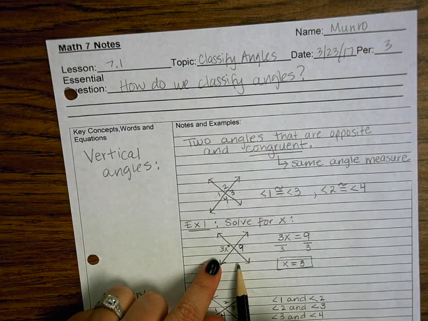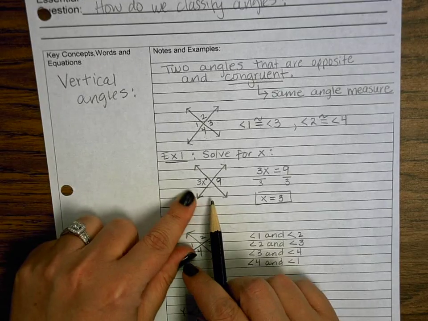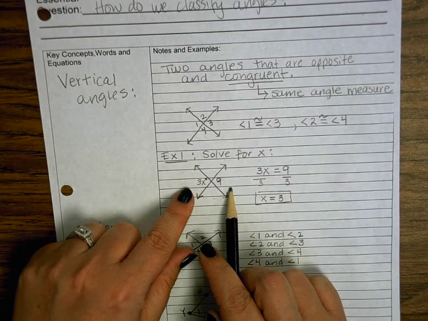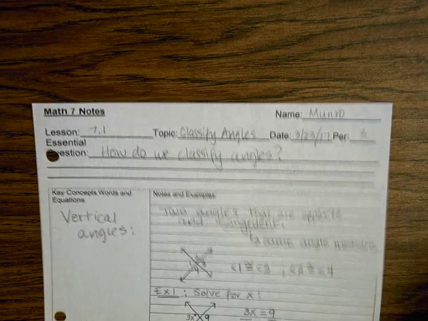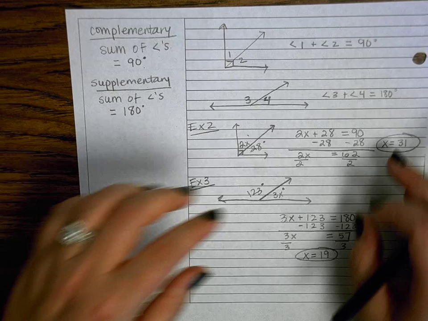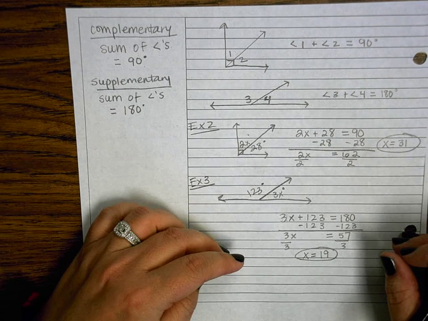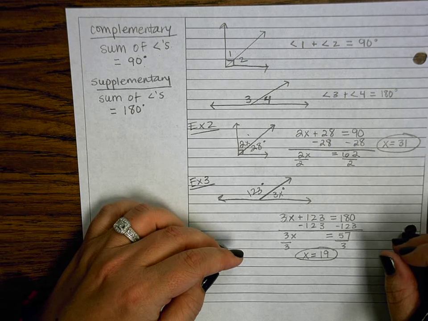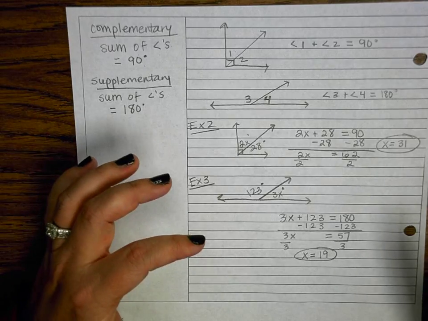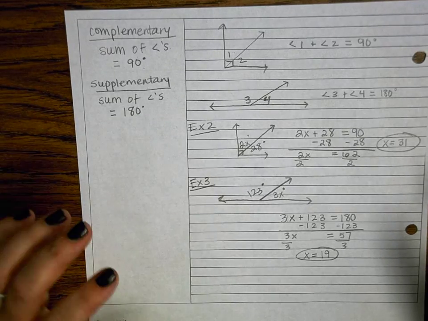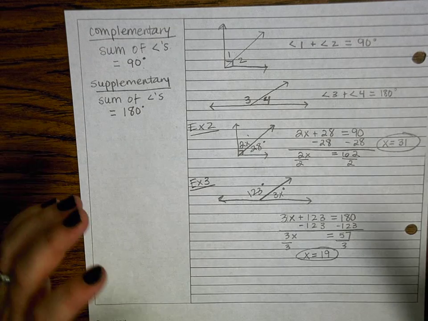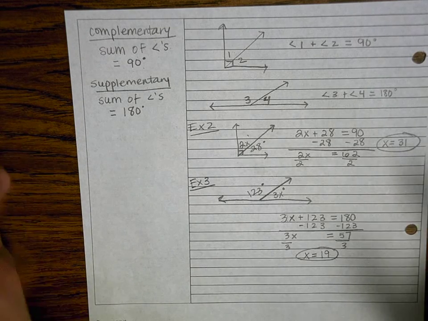So 3 different ways. Vertical angles are equal to each other. Complementary add up to 90. And supplementary add up to 180. 3 different types of solving for x, but the algebra doesn't change at all. That's the good news. Since you guys did so well with chapter 6, all the algebra stuff, you are only adding just a few more geometry rules, and then you guys will have it.